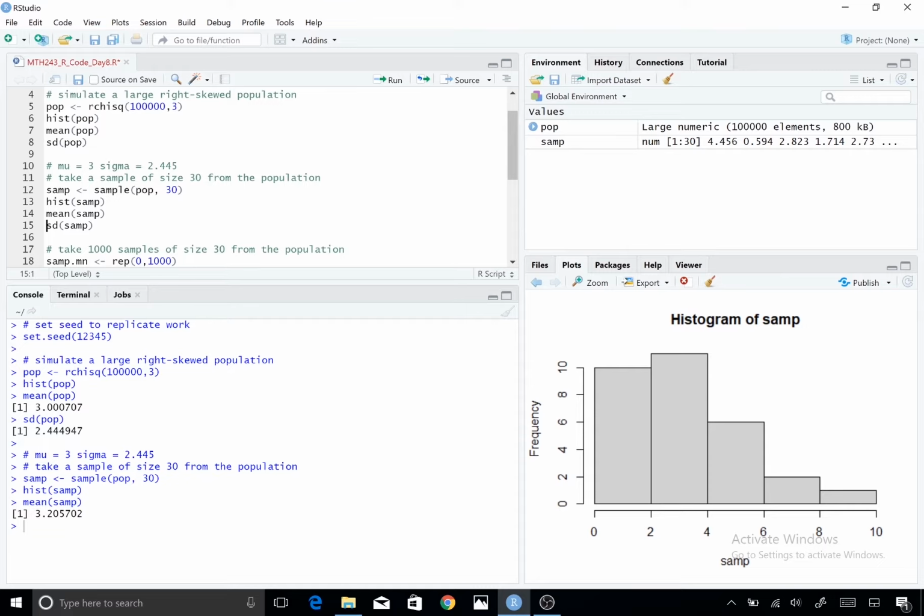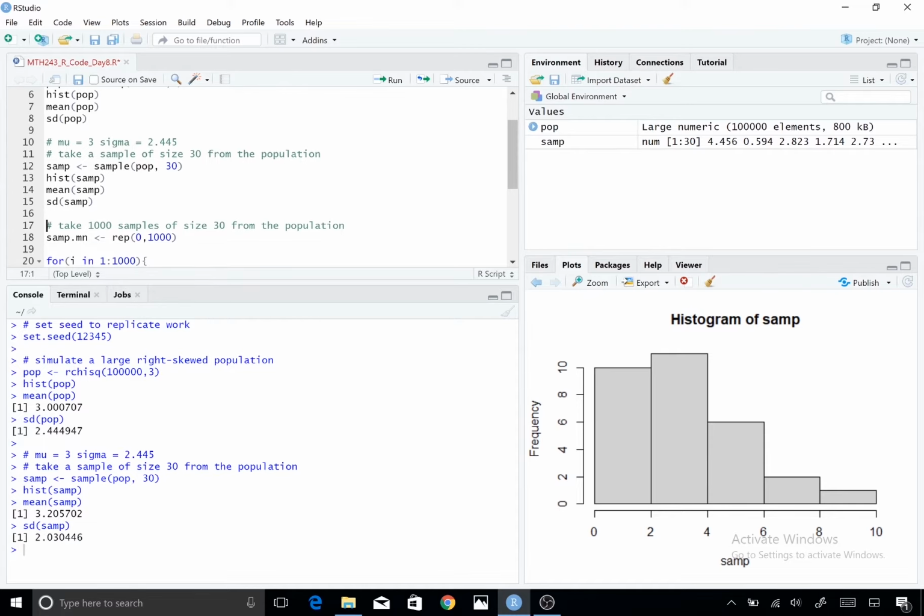I want the standard deviation of my sample to be pretty close to the population standard deviation. And you see it's off by a bit, but it's not horrible. It seems like this sample is doing a decent job of describing the population, but maybe we just got lucky and got a good sample.